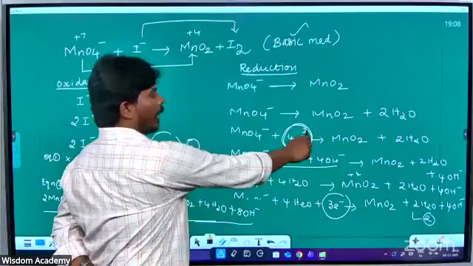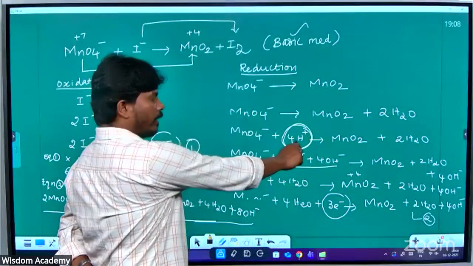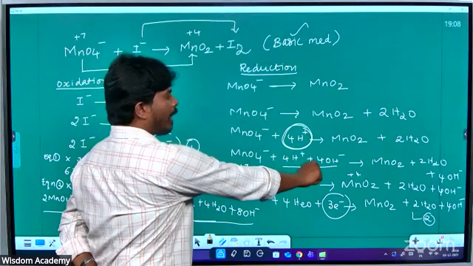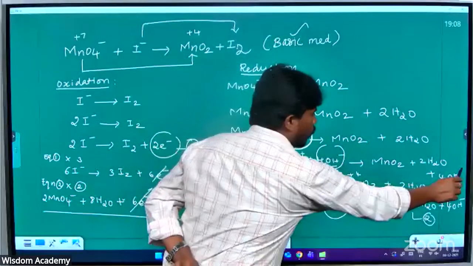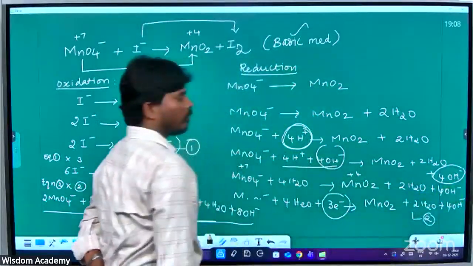So in order to remove the H plus ions in this equation, we multiply by hydroxyl ions on both sides. Here 4 times, and on the right side also there are 4 ions.